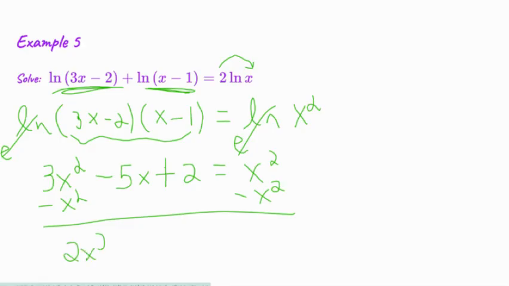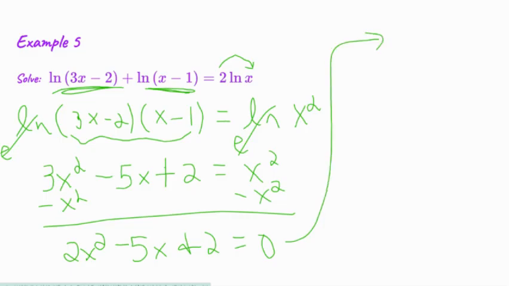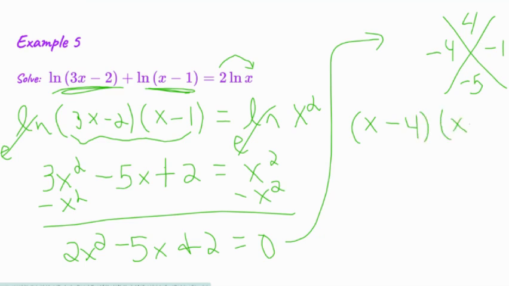We get 2x squared minus 5x plus 2 equals 0. This actually, I believe, can factor. Let's see, multiply to 4, add to give me negative 5, that'd be negative 4 and negative 1. We wind up with (x minus 4)(x minus 1) divided by 2, but we're solving for it, so we get 2 here, and then we'll get 1/2 here.